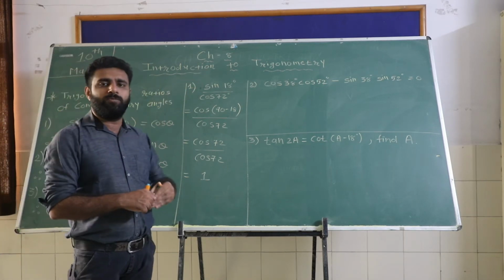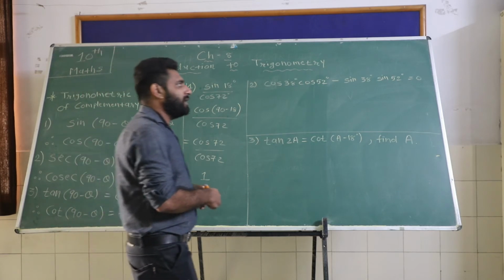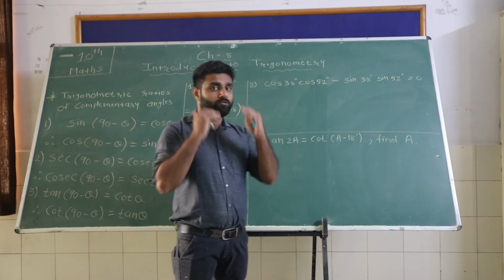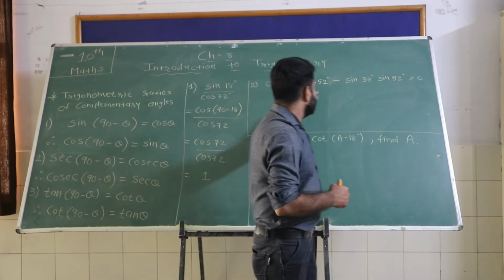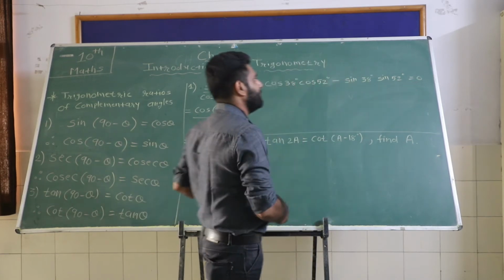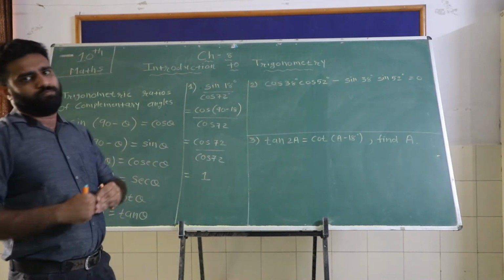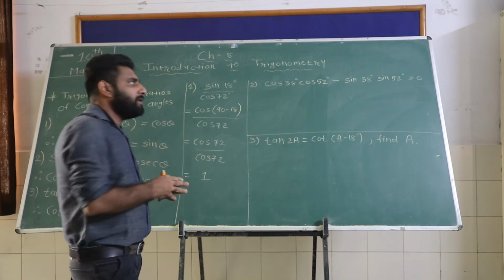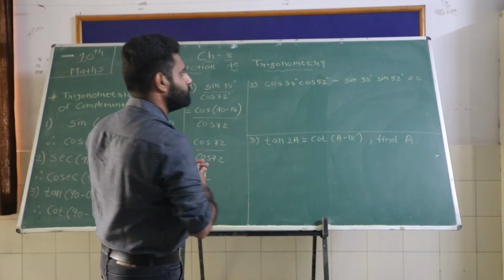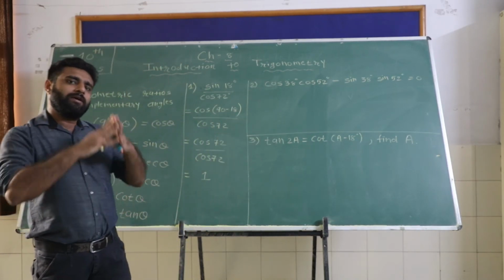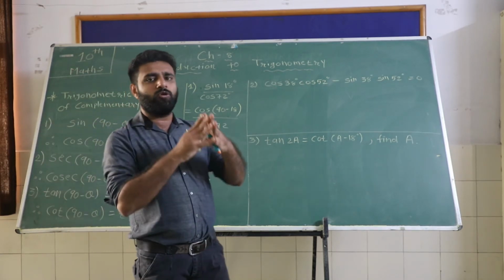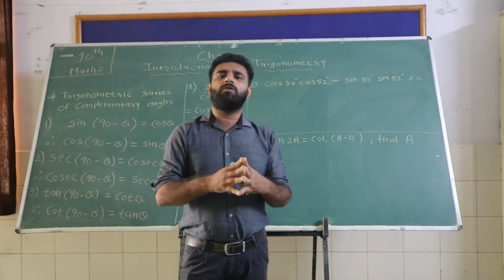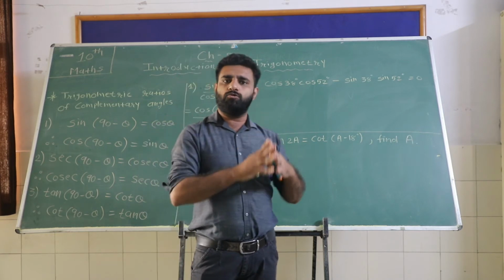See the second numerical. Here you have to prove that this whole expression equals 0. I have 4 values, so I will convert half of them only, that means only 2. Always convert half of the values, not all.